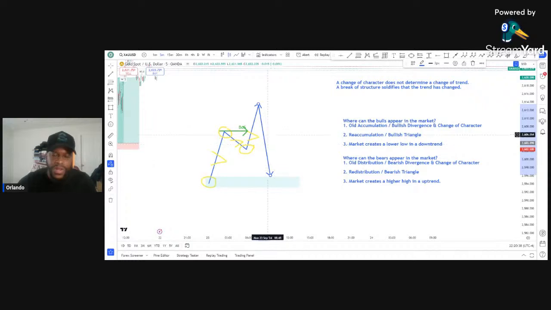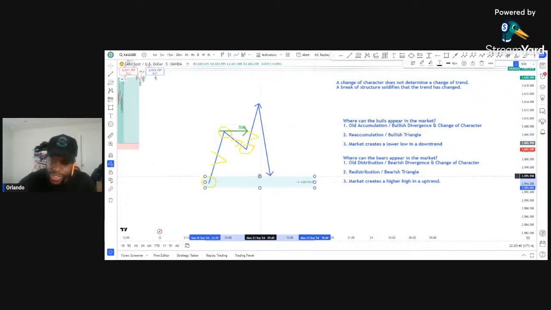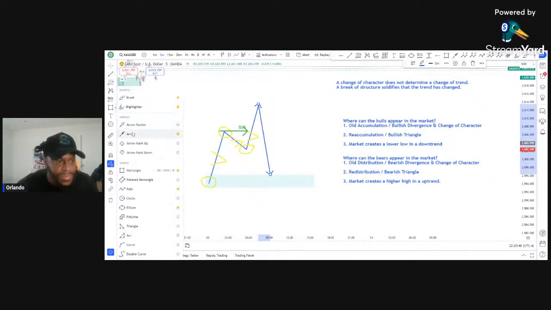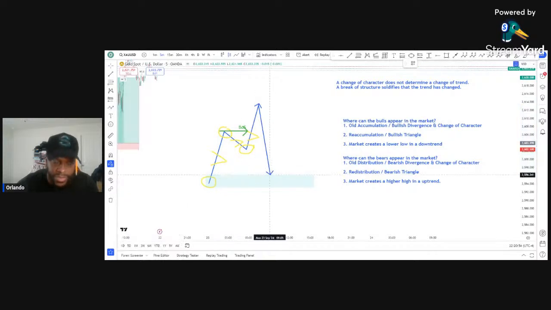Now, here's what I have. I'm drawing it out and I'm about to show you on the chart, okay? Here's what will happen. The market will do this. It'll do this.